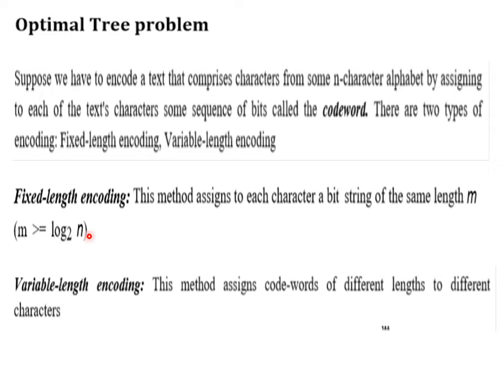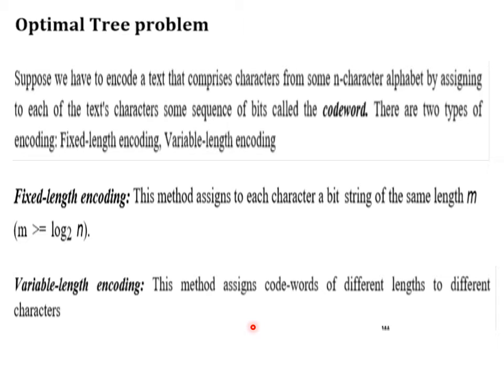Each and every character of the text has the same length code word, which is called fixed length. Another type is variable length encoding. As the name indicates, this method assigns code words of different lengths to different characters.